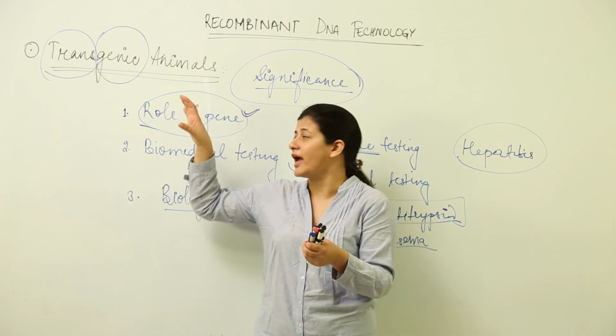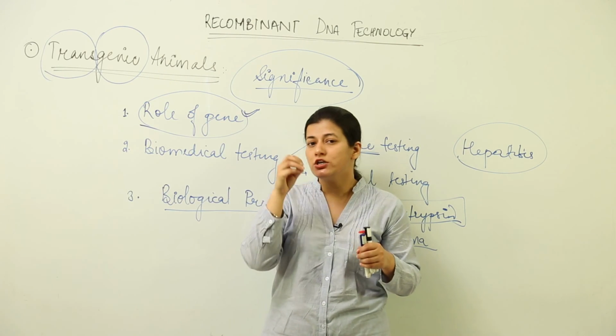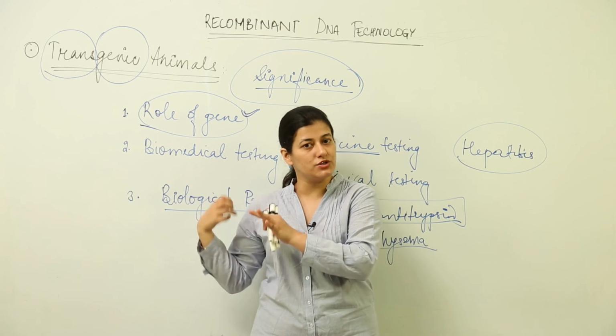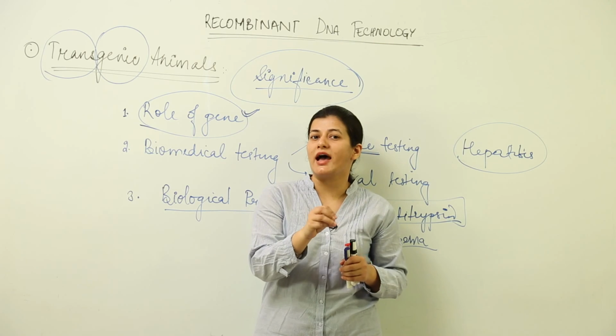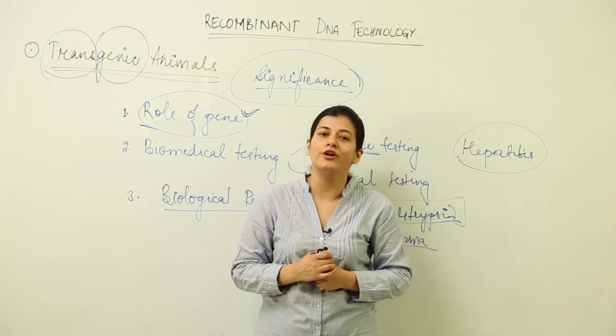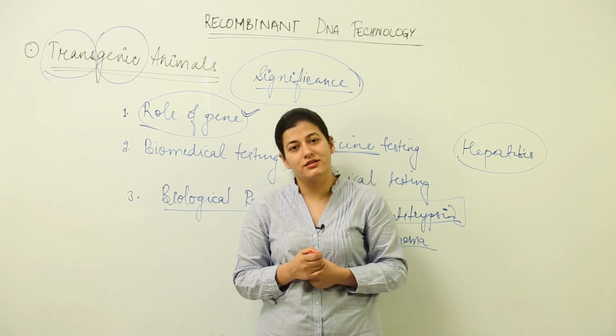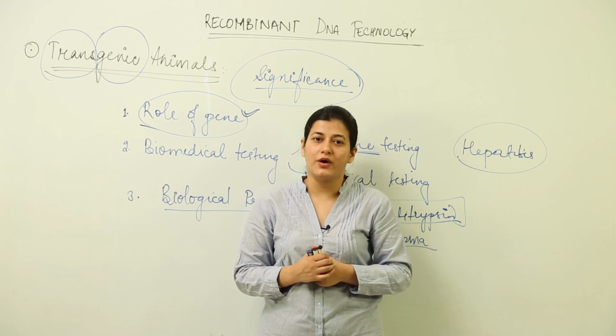But transgenic animals are a short method to get an idea of what effect whatever recombinant DNA technology practice you are performing has before introducing it for humans. So we get an idea what transgenic animals are significant for. So this is all you have in this lesson.